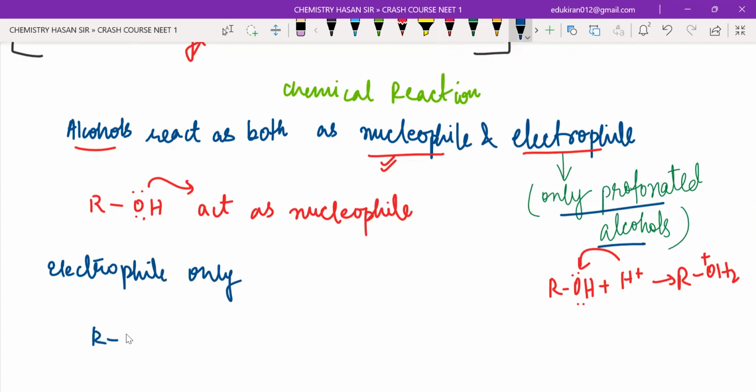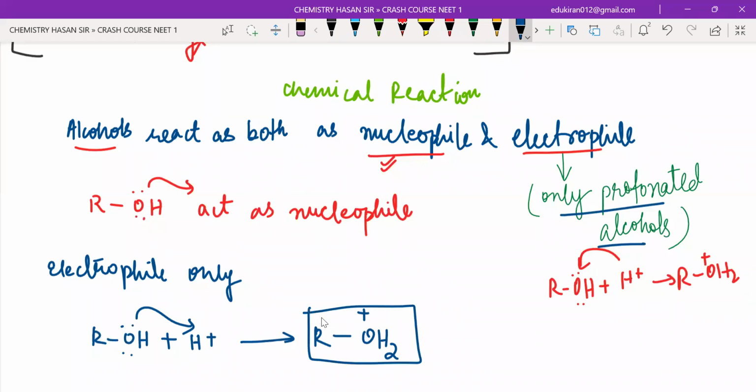That means if you want alcohol to act as an electrophile, you first react it with a proton, H plus, and it will be attacking here and becomes protonated alcohol. Now this protonated alcohol will act as an electrophile. Are you getting my point? Yes, sir.